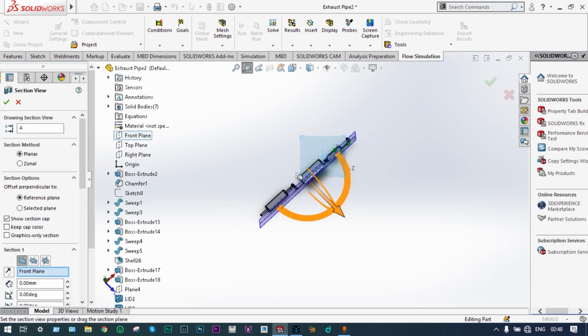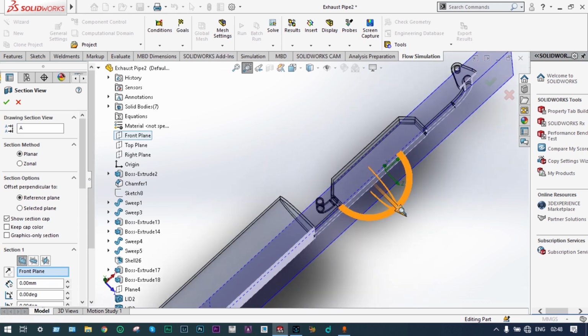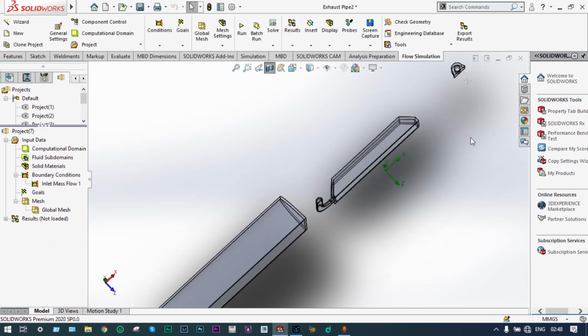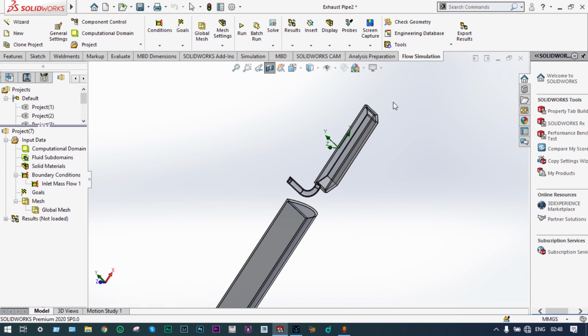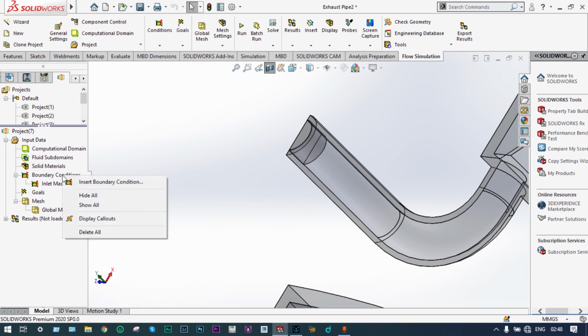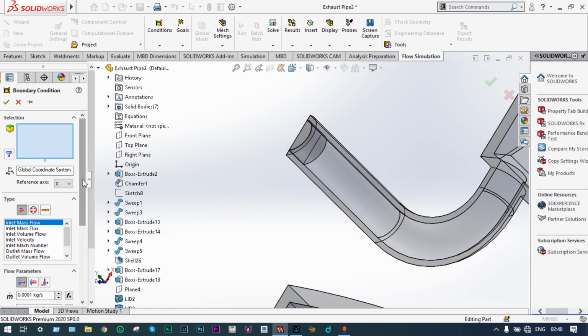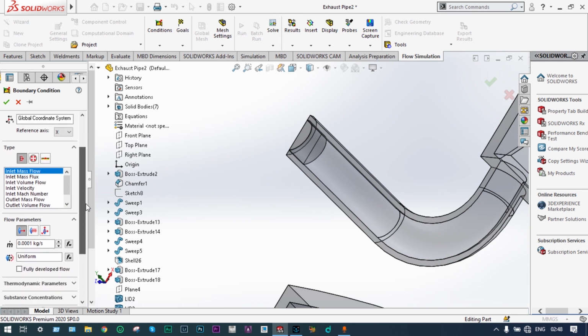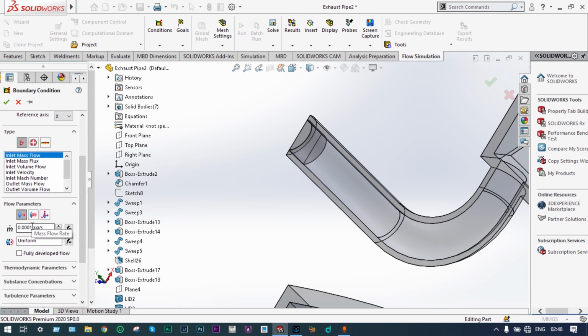We can make it bigger for proper selection of this location. Green check. At this location we have to apply air at a specific rate. So, boundary conditions, insert boundary condition, and we are planning to have air at a rate of 0.01 kg per second.